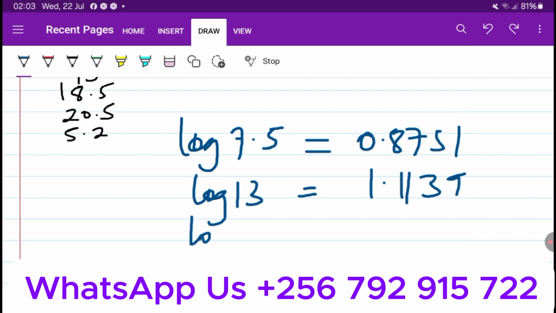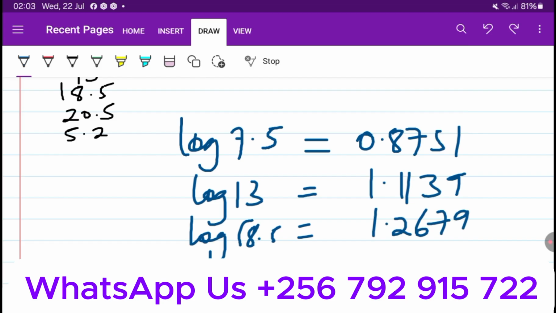You get log 18.5, that will give you 1.2679. The reason why we use the log is that it gives you the smallest values that you can deal with.